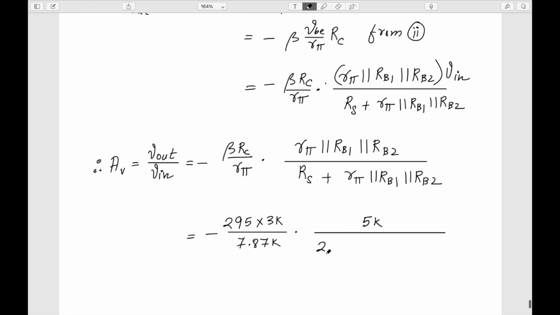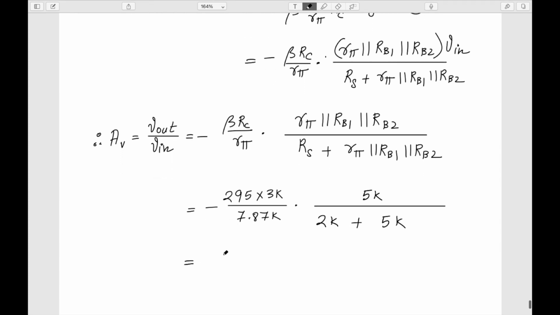RS, we know that it is 2 kilo ohms, plus 5 kilo ohms. So if I estimate this whole thing, what I will get here is approximately minus 80. Minus 80 is the gain of this amplifier.